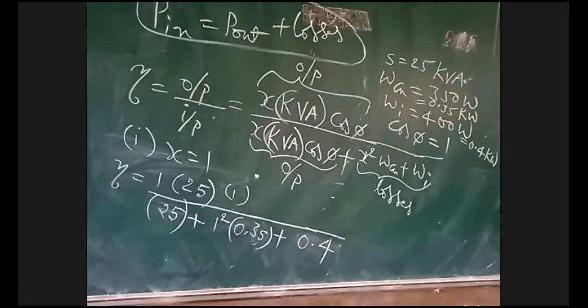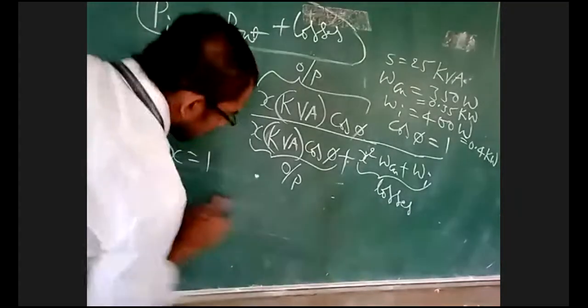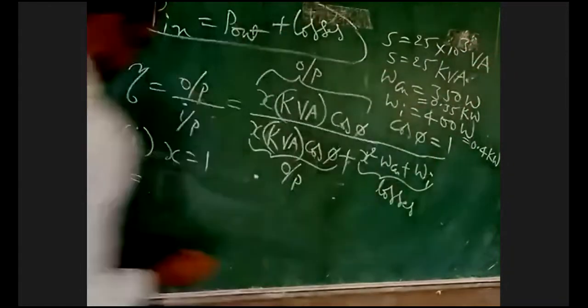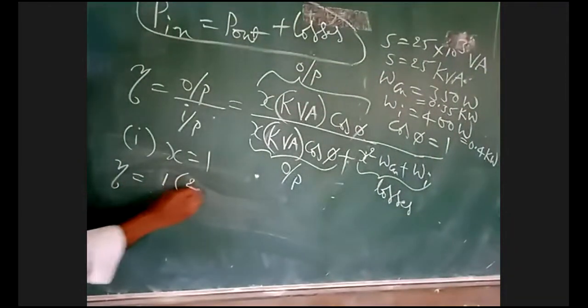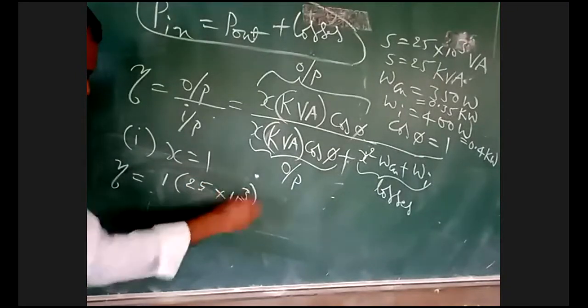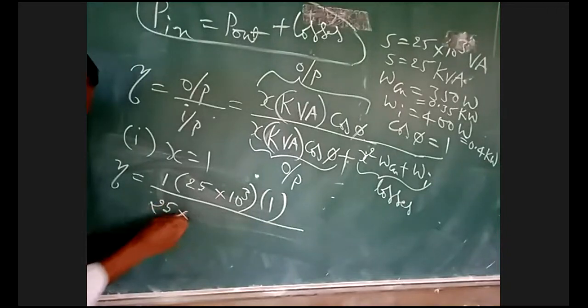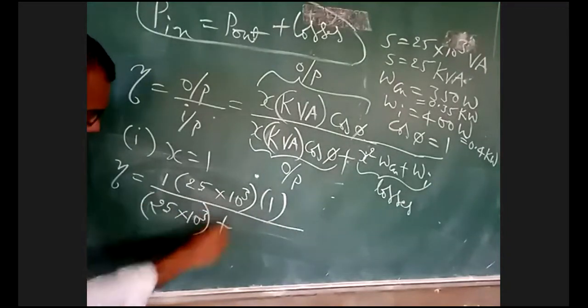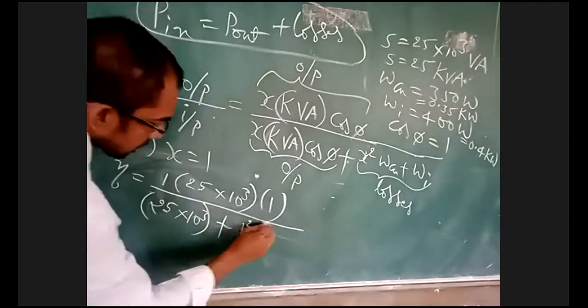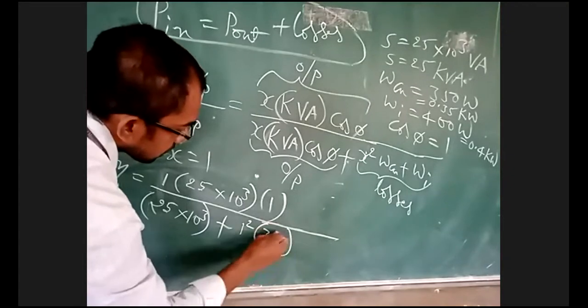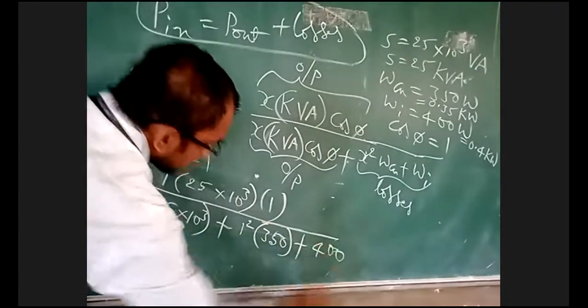Otherwise, if you don't want to convert into kilowatts, take 25 kVA as 25 into 10 cube volt ampere, with X is 1 and cos phi is 1, divided by 25 into 10 cube plus 1 square into 350 plus 400.